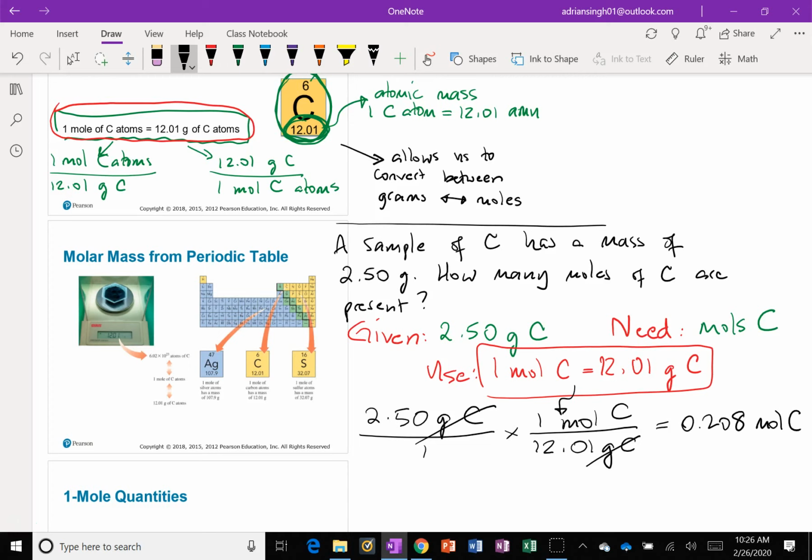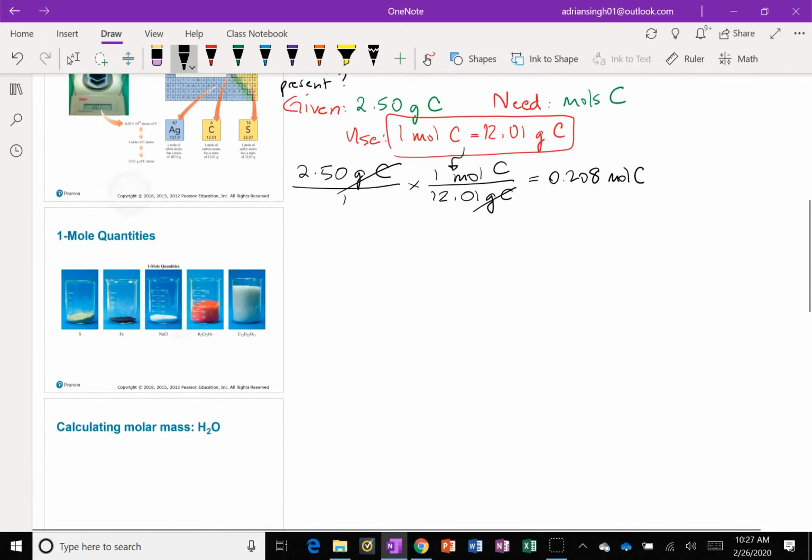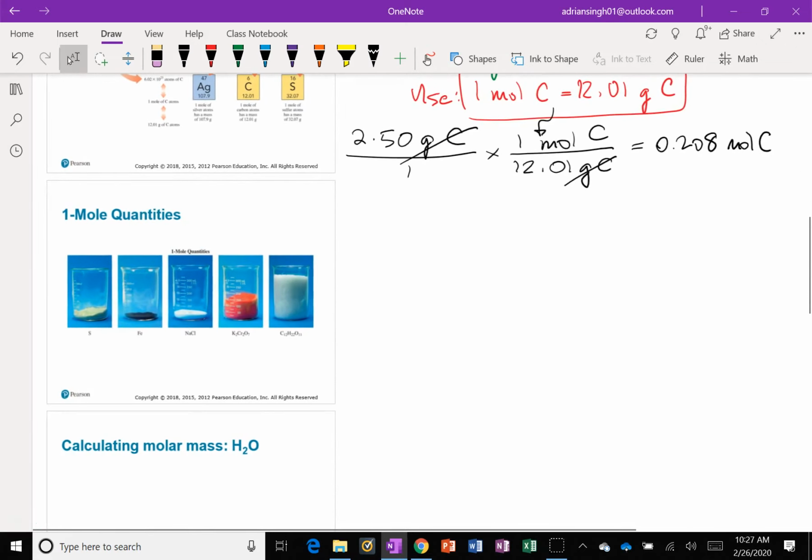So to get from grams to moles, we use the molar mass. If we were given the moles and needed to convert that to grams, we also use the molar mass, but we just flip the conversion factor depending on the units that we want to cancel out and the units that we want to end up with. Hopefully what you're seeing, and I'm going to stress this over and over again, is the same stuff we saw back in chapter 1 and 2 with the unit conversions, the dimensional analysis.